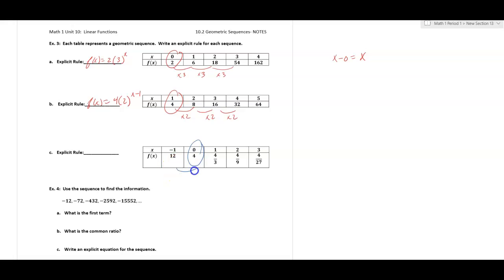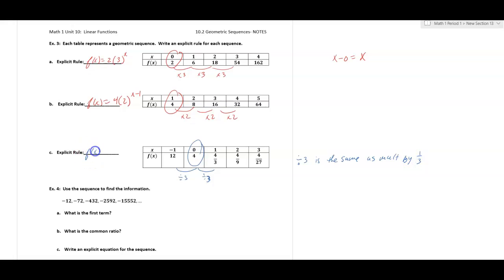What am I doing here? Here I'm dividing by 3. Here I'm dividing by 3. But what you have to remember is dividing by 3 is the same as multiplying by 1/3.